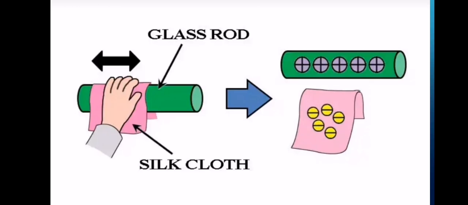We say that charges move from high concentration towards low concentration. However, at that time, the concept of conventional current was developing.